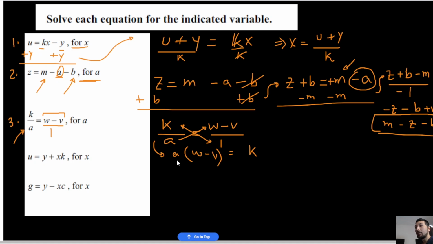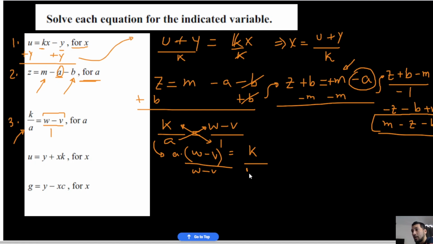Now you can see that we have a times w minus v, and we just need to get this a isolated. So I just divide by w minus v at the same time. W minus v is now a single term because it's within the parentheses.